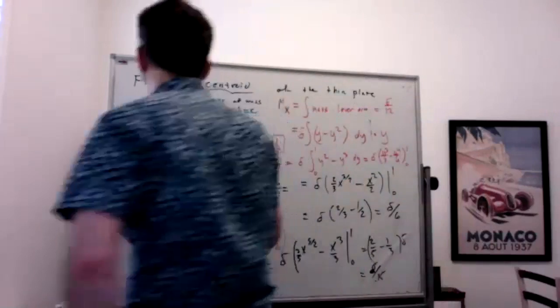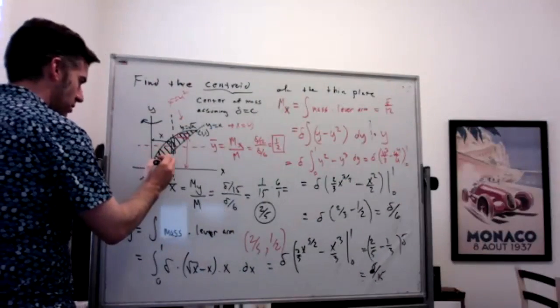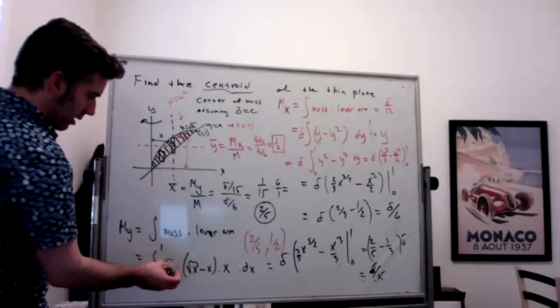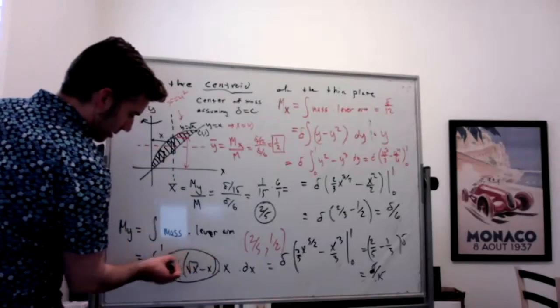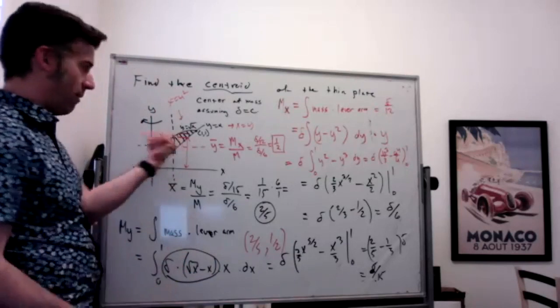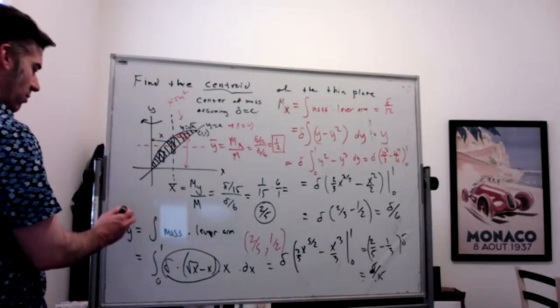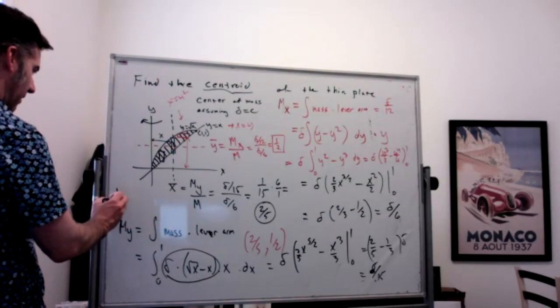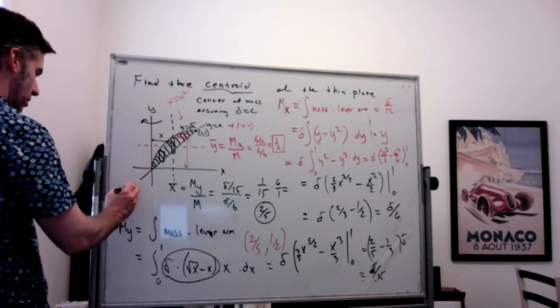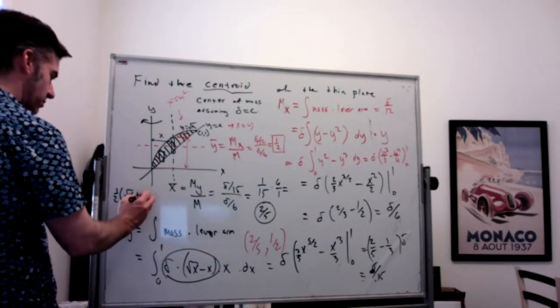that the height here. So instead of doing the mass times the lever arm x, on this axis, we did the mass times the lever arm, and the lever arm was 1/2 times the top function plus the bottom function.